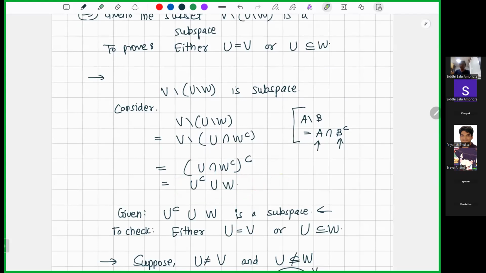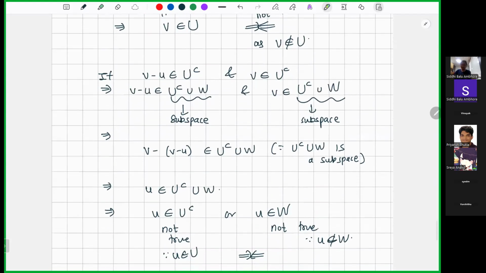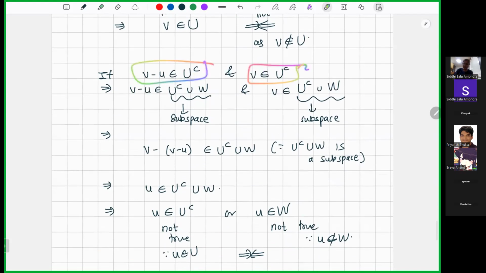It helped us to understand, when we wanted to arrive at some conclusion, that we try to add them. If you just say that because V minus U belongs to U complement and V belongs to U complement, therefore this subtraction U must belong to U complement, this does not make sense, because U complement is not a vector space.